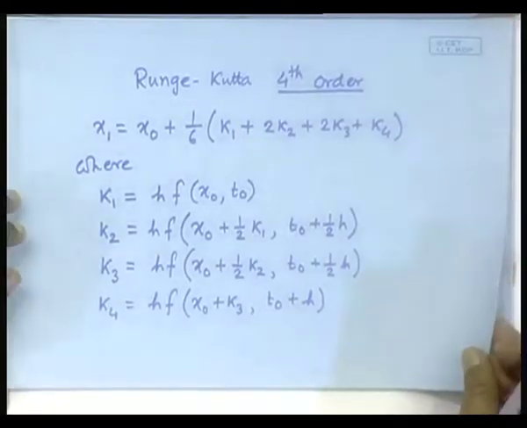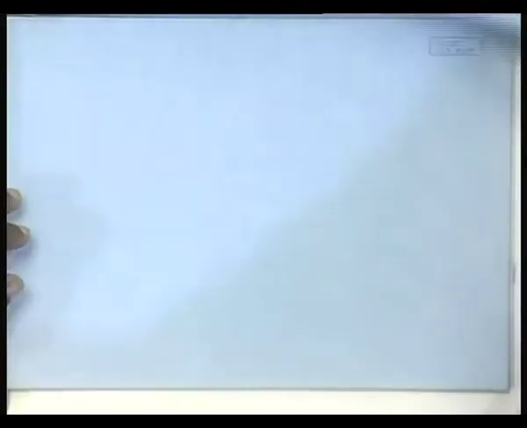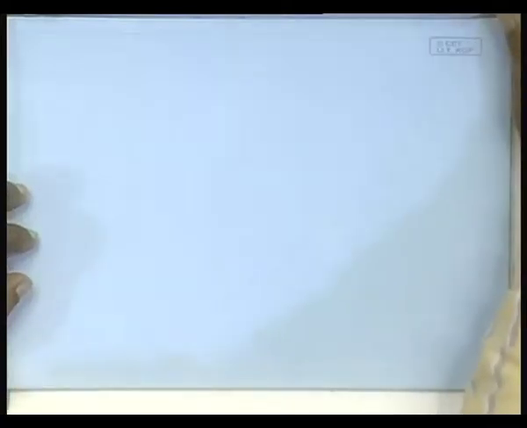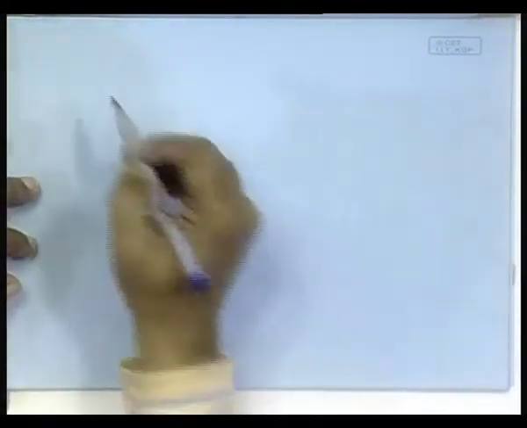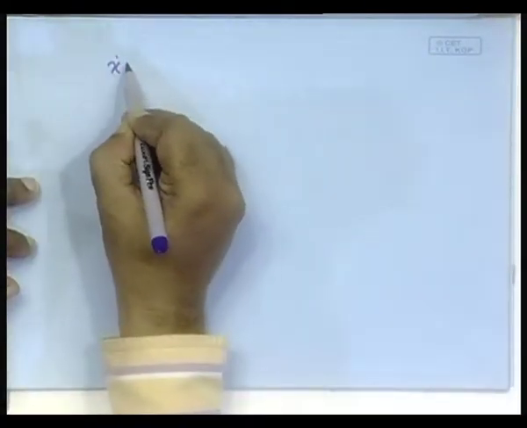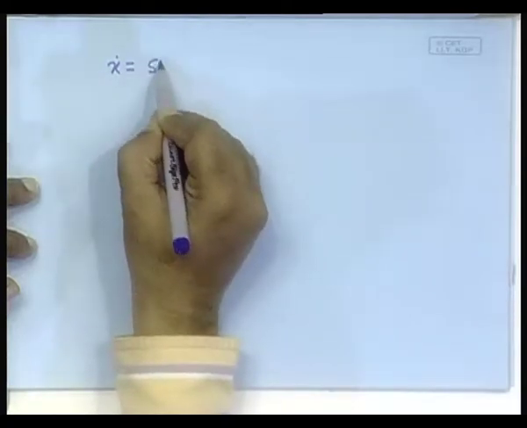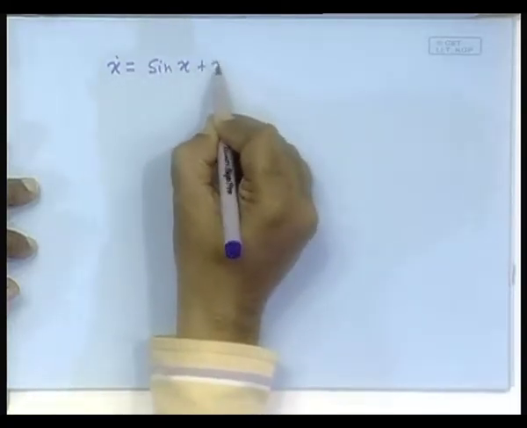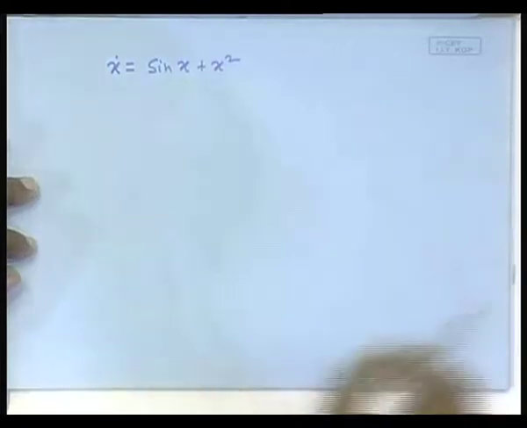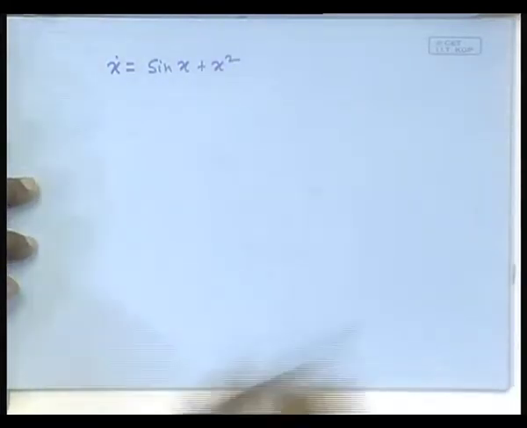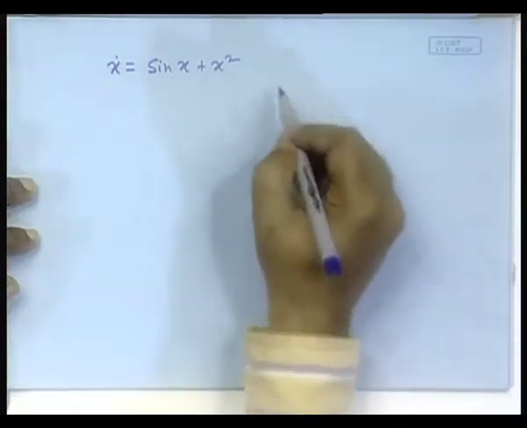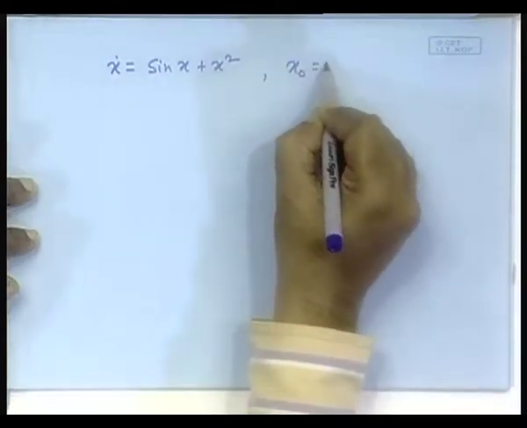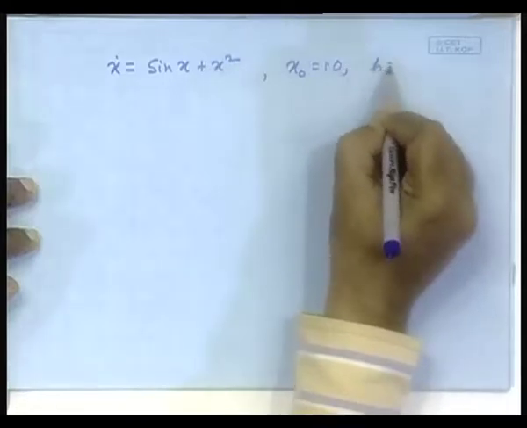So, let us just illustrate one of these calculations. We will still keep these in hand so that we can compare. Still we are going with the same equation, x dot is equal to sin x plus x square. We know that our x naught is equal to 1.0, h is equal to 0.1.